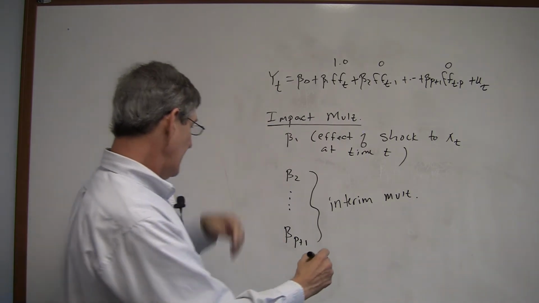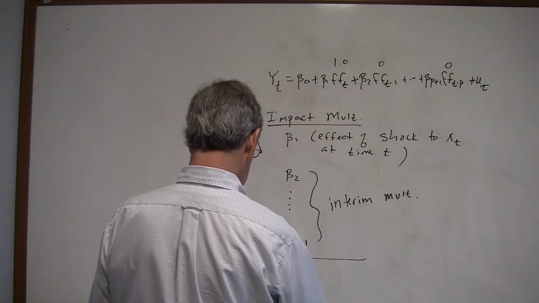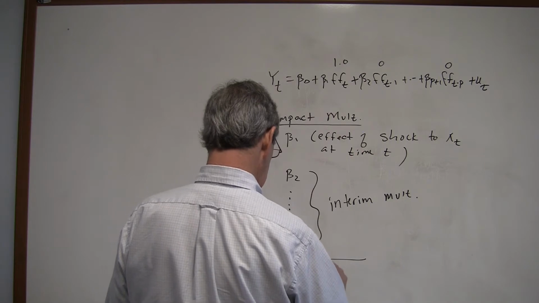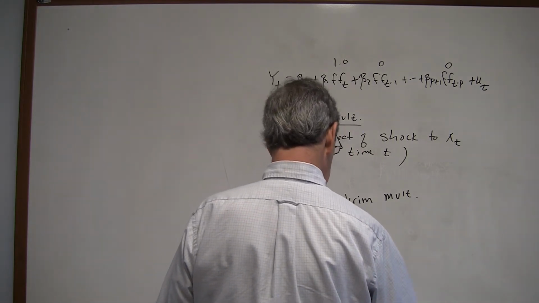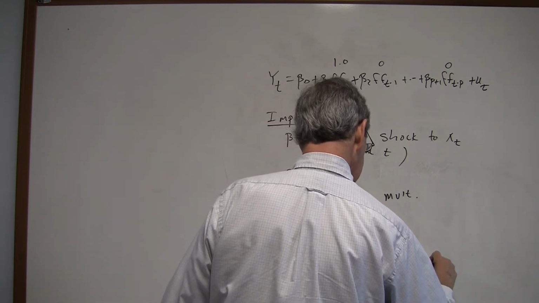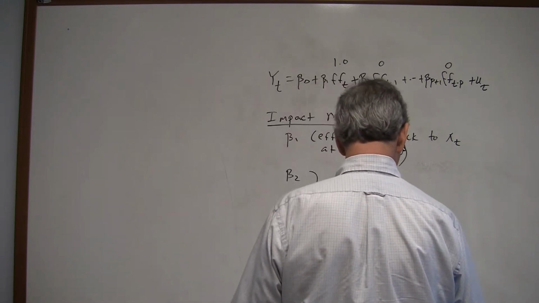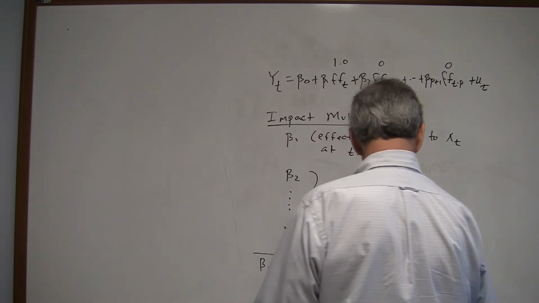And so if you add all these up, beta 1 plus beta 2 plus beta 3 out to beta p plus 1, that is called the cumulative. Sometimes it's called the long run. And sometimes it's called the total.